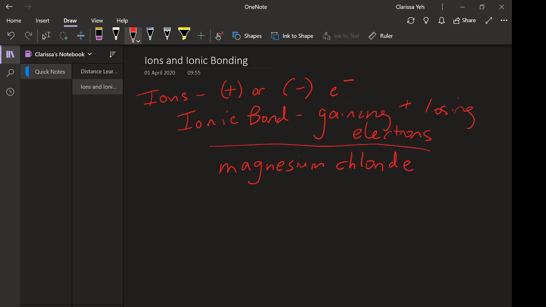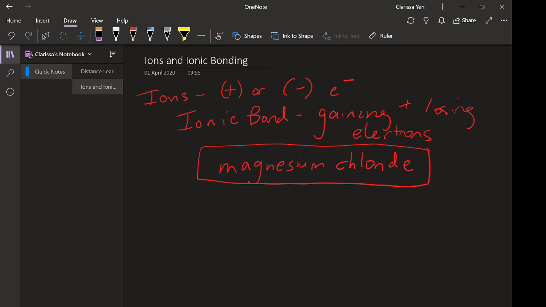So this is my example, magnesium chloride, and I wanted to form symbols to represent magnesium chloride. Well, remember when it comes to symbols, sometimes you have a little number at the bottom, such as H2O, and that little number tells you how many of the element just to the left there are, okay?